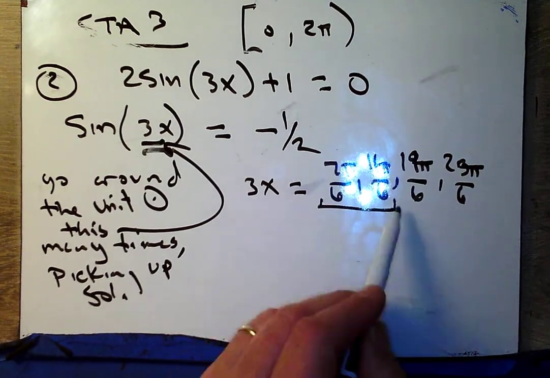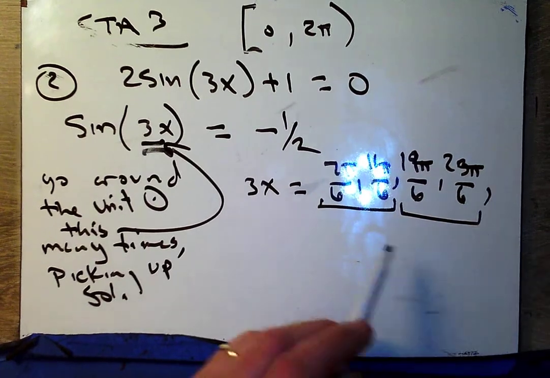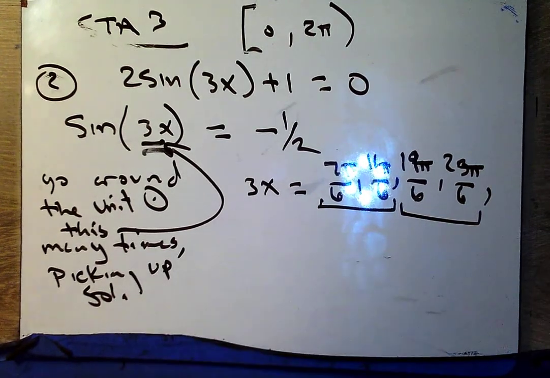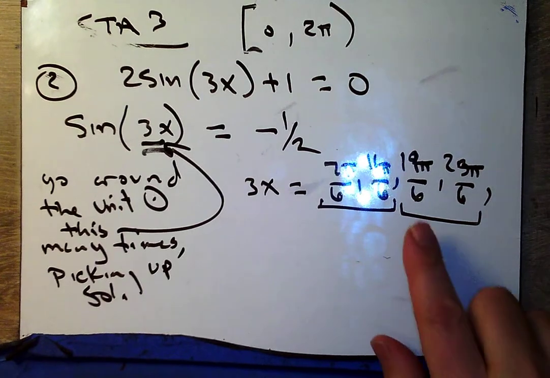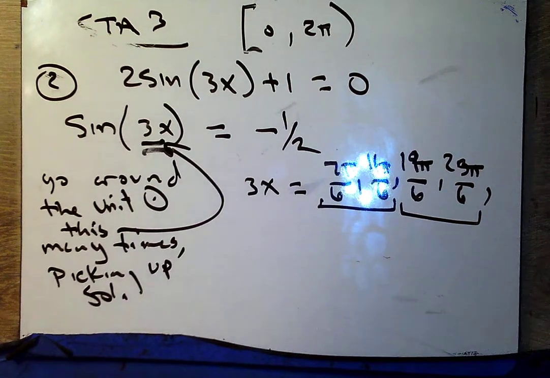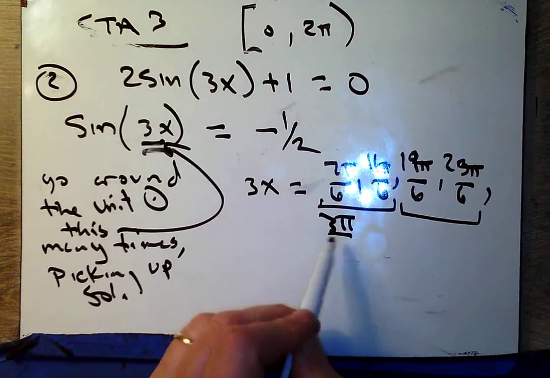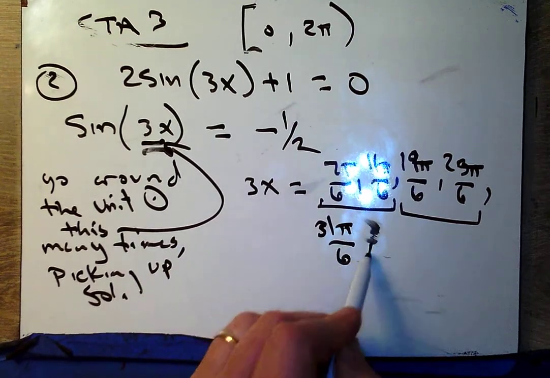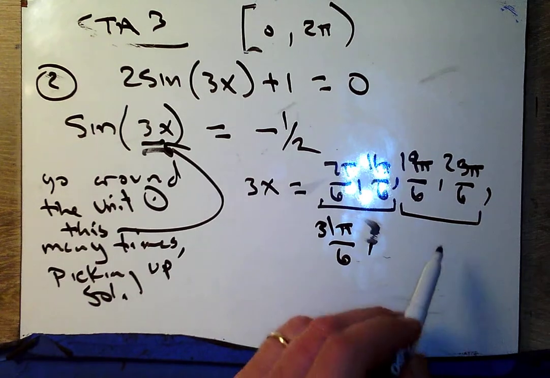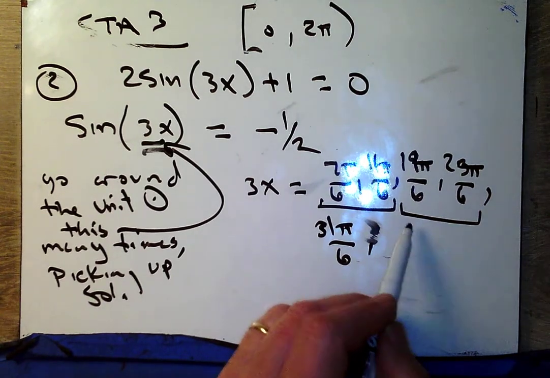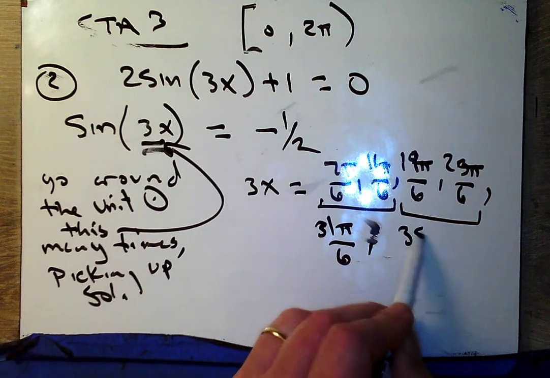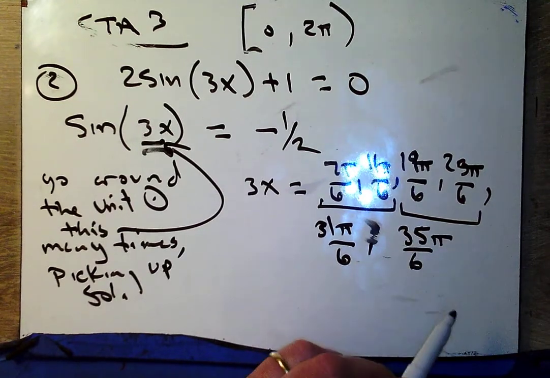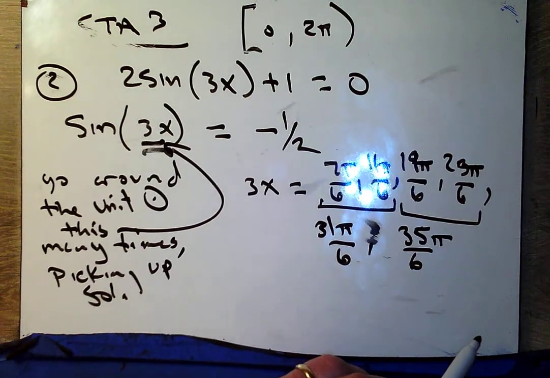This is the first time around, this is the second time around, and now I have to add 2 pi again. So when I add 12 to this, I get 31 pi over 6, and when I add 2 pi over here, I get 35 pi over 6. Okay, but we're not done.